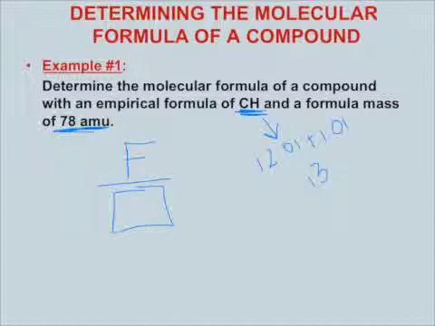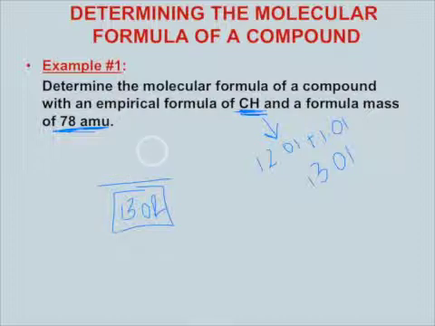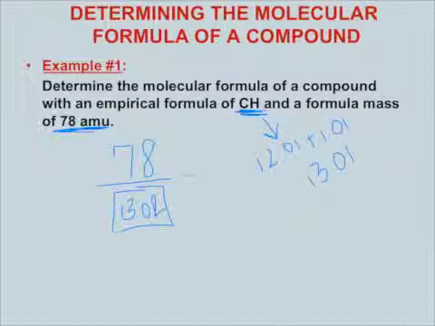That should be 13.01, right? So 13.01 grams, and then up top, I'm going to put my formula mass of 78. So it's 78 basically divided by 13. And that'll give me my multiplier.